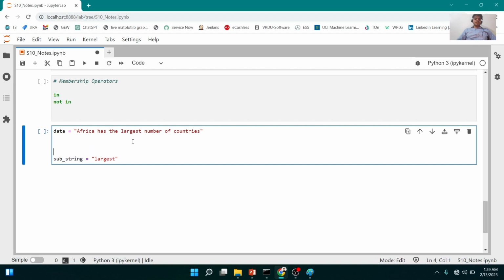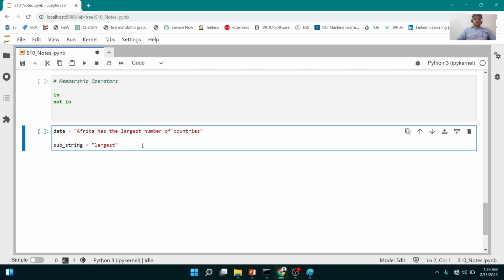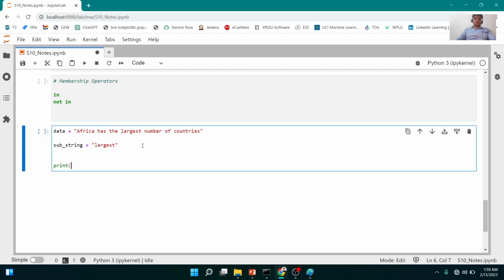So if I check print, if substring in data, what basically I'm checking is whether what is stored here, that means largest, is it a part of data, is it present in data? So if it's present, obviously largest is present here, it's going to tell you yes, true.